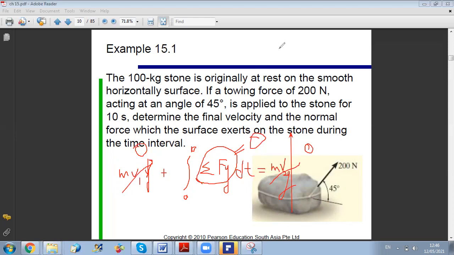Okay? And based on this sum of Fy equals 0, you can calculate the normal, but here no need because they didn't ask for the normal reaction, and you don't have friction. If we had friction, for example in x, we should calculate N to be able to calculate the friction. But since no friction here, and we just need the final velocity, we can just apply linear impulse and momentum in x.